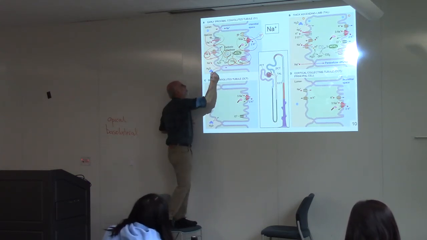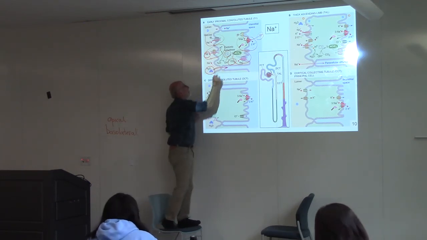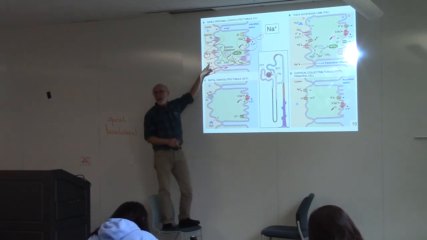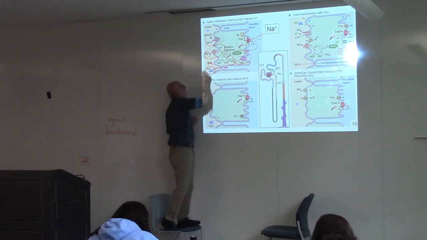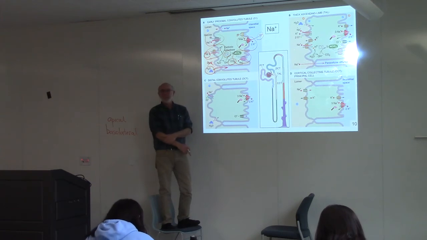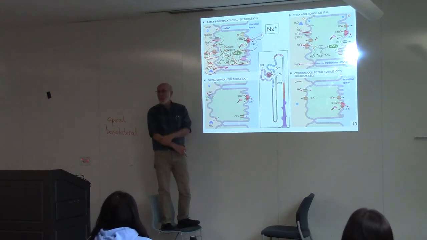I do want you to know that there is paracellular flow of water because of the leaky epithelium. But let's not worry about this paracellular sodium movement. It's true, it happens, but let's not worry about it. All the other mechanisms are transcellular? Yes.